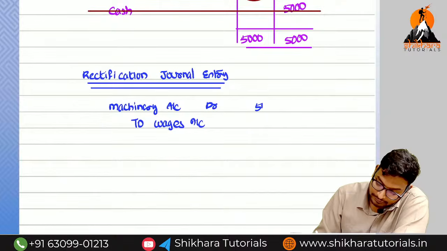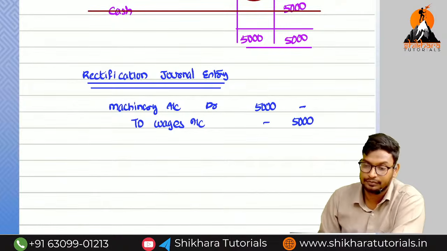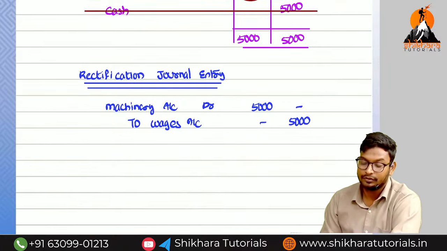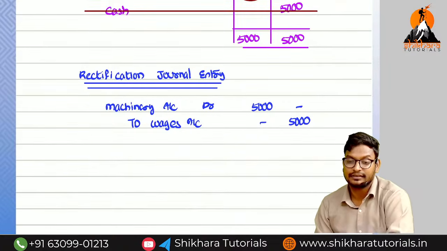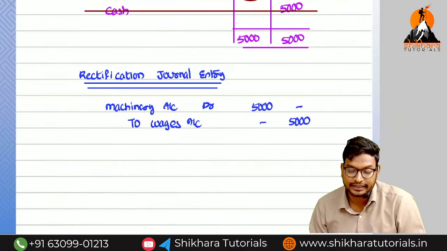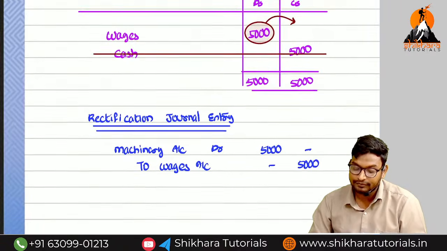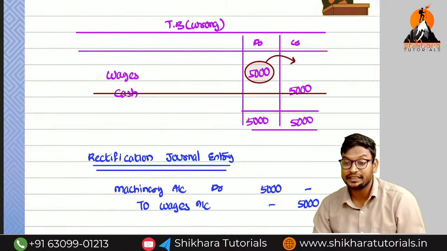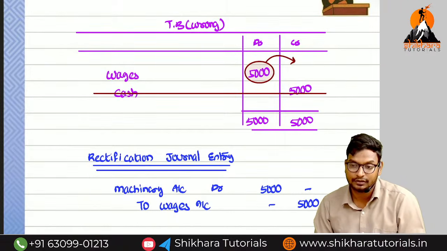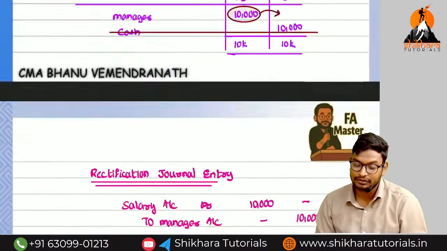How much, amma? 5,000 rupees and 5,000 rupees. So this is the whole picture about how to rectify and how we are going to do it. Because of an error of principle, is the trial balance affected or not affected? The trial balance will not be affected. And we have seen how to rectify the error of principle also. Are you getting the point, ma? So we have completed the total discussion about the error of principle.